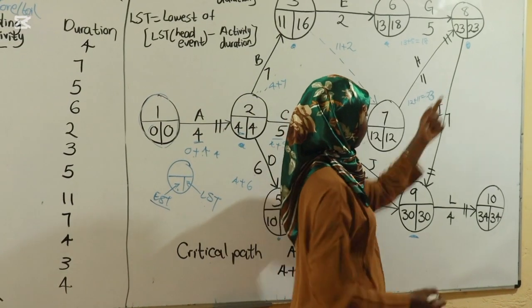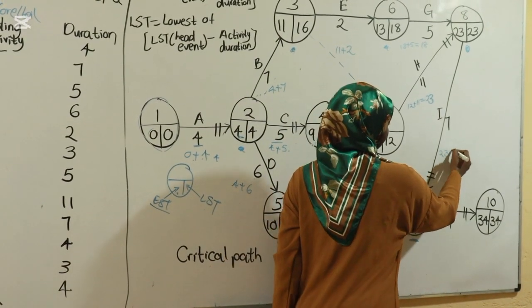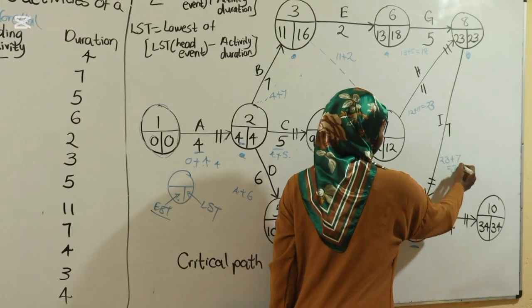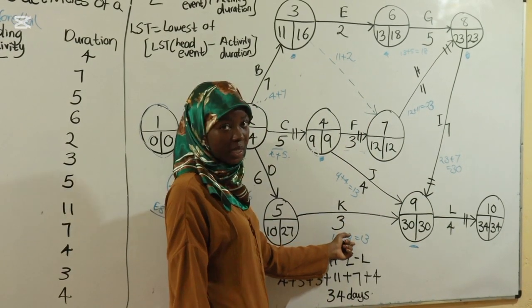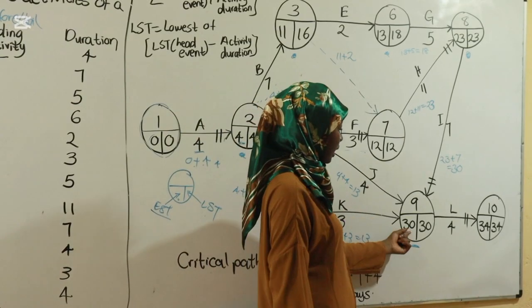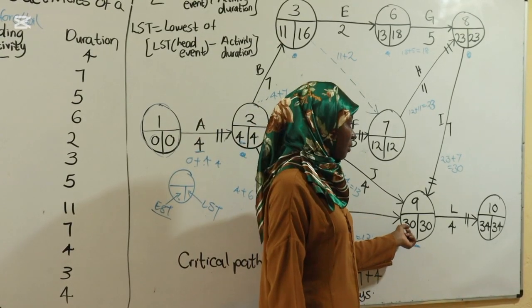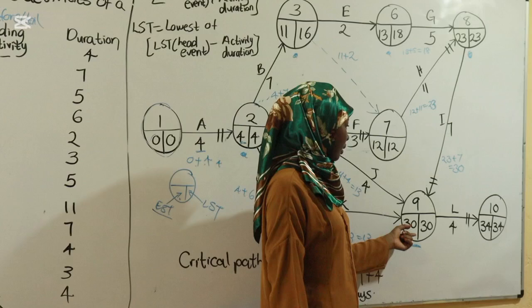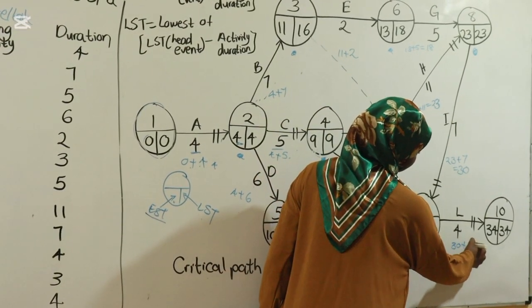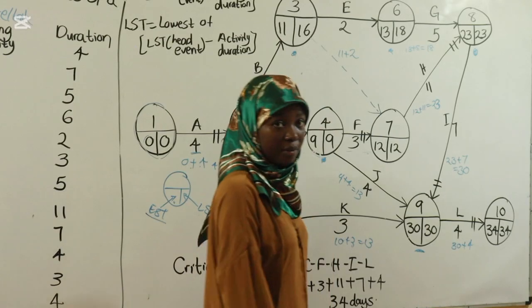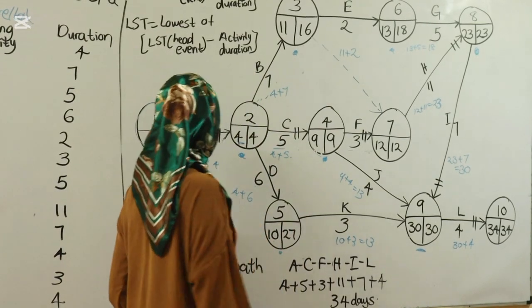And when this is the tail event, it's 23 plus 7, which is 30. When you compare 30, 13, and 13, which one is greater? 30. That is why our EST here is going to be 30, because for EST you're told to take the greater. So for the last one, it's 30 plus 4, which is 34. That is how you calculate your EST.